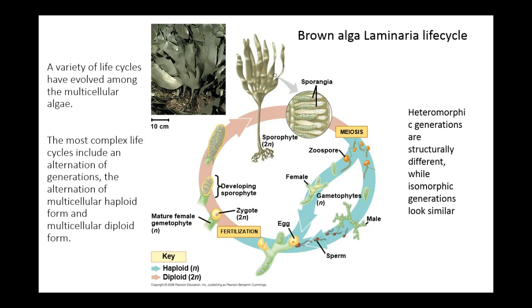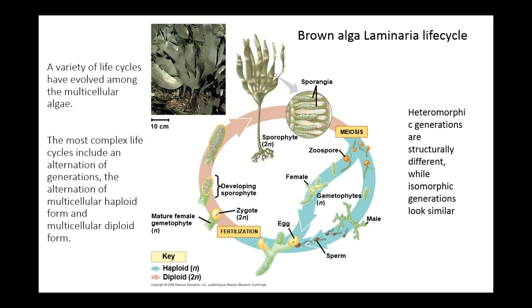They create sperm and eggs that get together in fertilization, and what you are is at the bottom of the cycle. We're going from the haploid to the diploid, because a sperm and an egg got together. That creates the zygote. The zygote then develops into a sporophyte, and the whole thing starts over again.